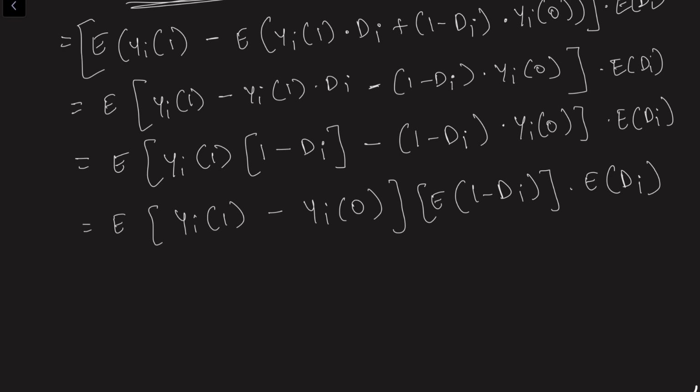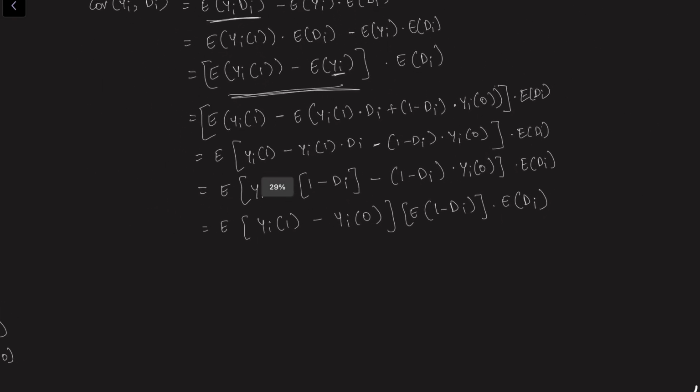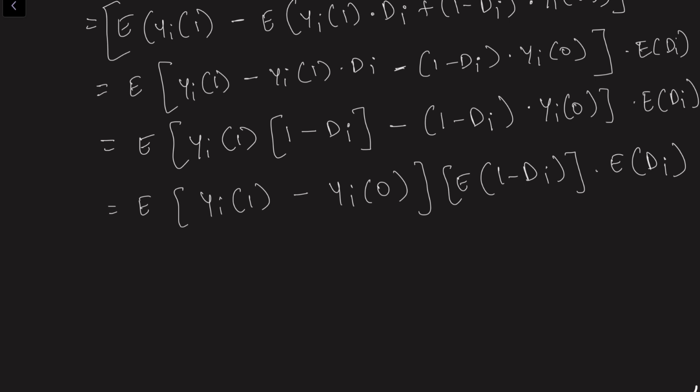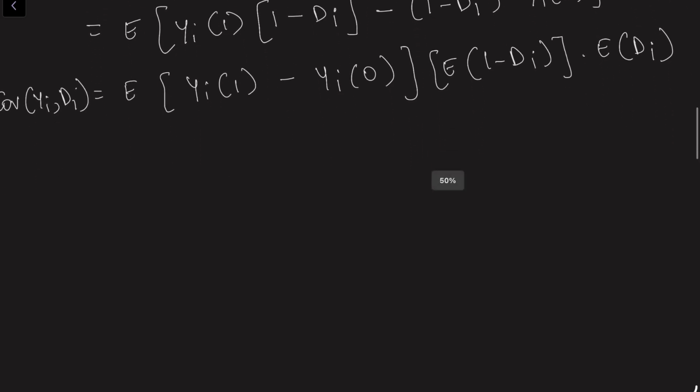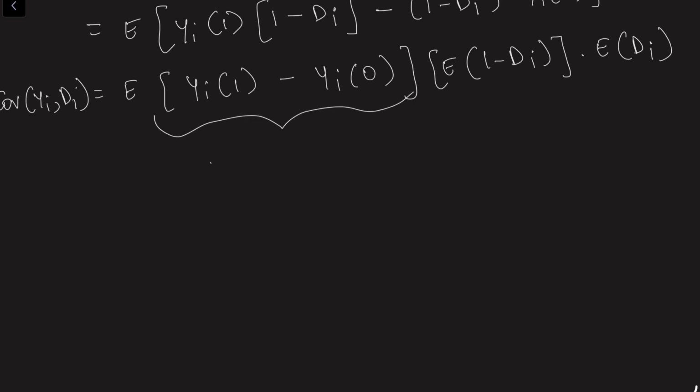Now what is our final conclusion? This whole term is equal to the covariance of yi comma di. Do you notice some patterns? Yes, we do. We are smart students. And this one is nothing but the average treatment effect. And this term I can write as expectation of di minus di squared.